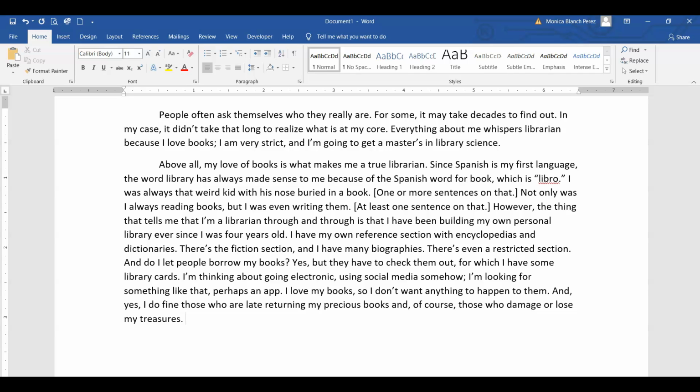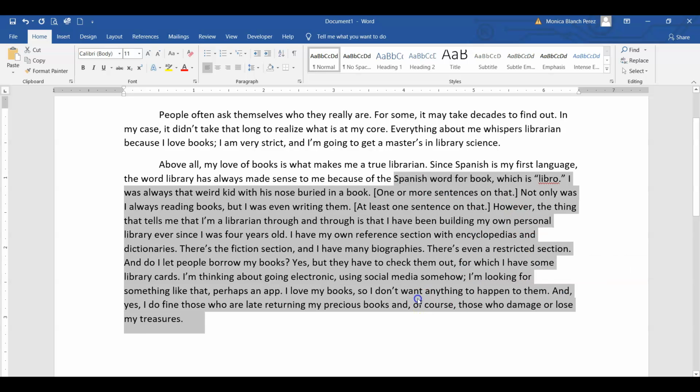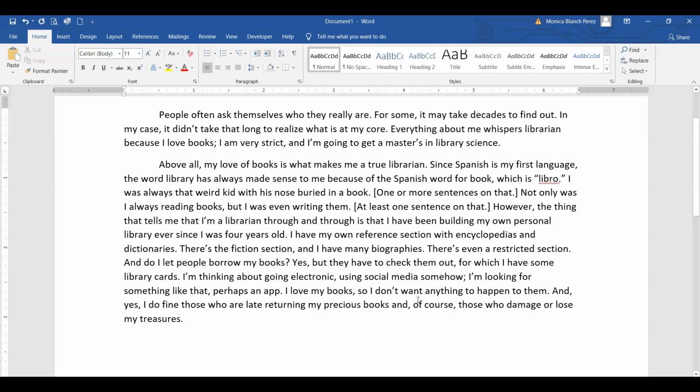Isn't that great? So you see, I put it back to love because I was worried that this wasn't showing love. It was showing that there's a bunch of books, but no, it does, right? But I felt I had to say it. I love my books, so I don't want anything to happen to them. So that connects, right? The love of books, already being like a librarian.